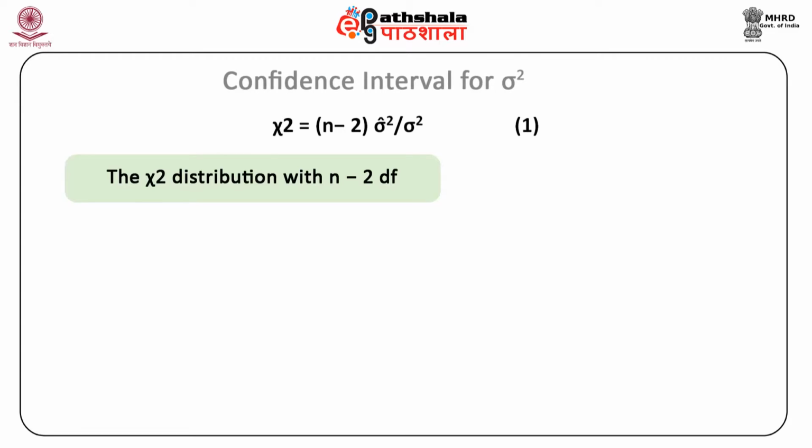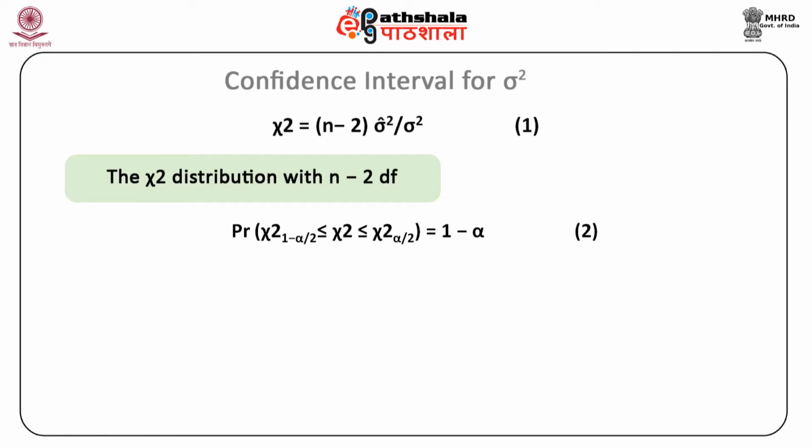Now this can be written as probability of chi-square with 1 minus alpha by 2 as the confidence limit, which is less than or equal to chi square, which is less than or equal to chi square with alpha by 2. Now this probability is equal to 1 minus alpha.